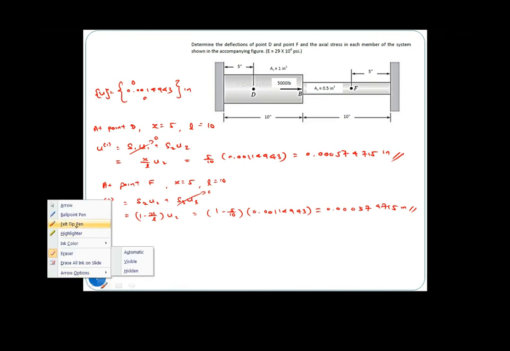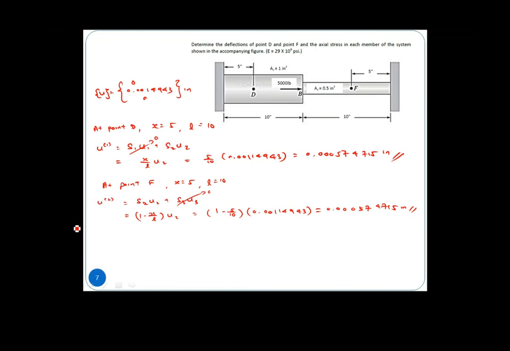Then looking to, we need to find the axial stress, right? If you are asked to find the axial stress, then the stress at element number 1 will be E times U2 minus U1 over L, right?